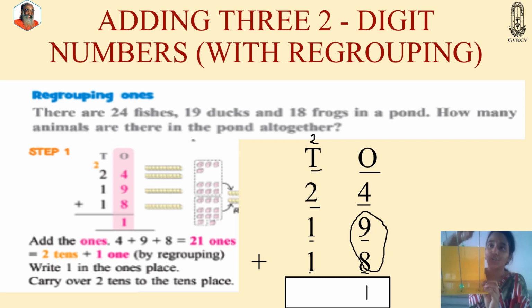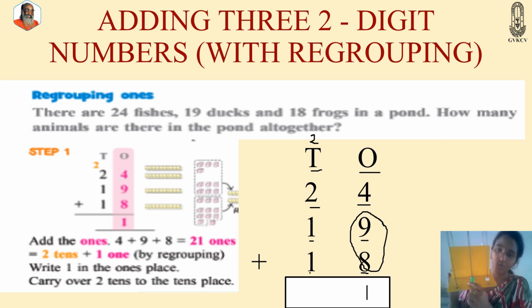After 1, 2, 3, 4, 5, 6, 7 and 8. To this what should we add? 4. 1, 2, 3. And after 3, the ones row is completed. Again, I am adding 1 to tens and bringing all the ones back to 0. Next, in 4 we counted only 3, no? 1 more we have to count. So, 1.